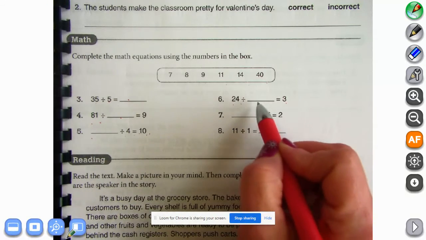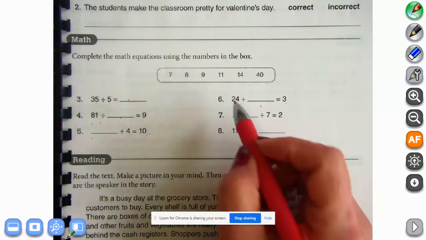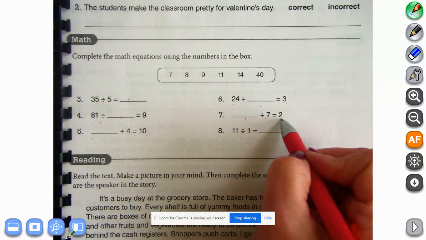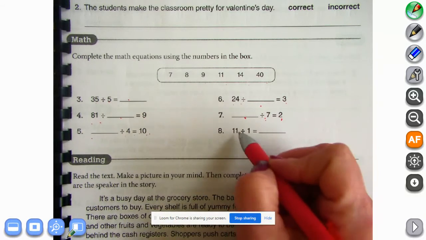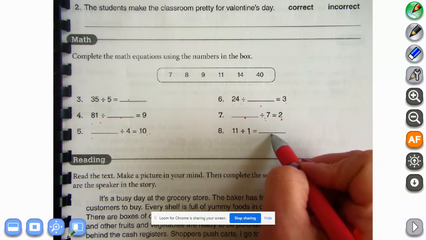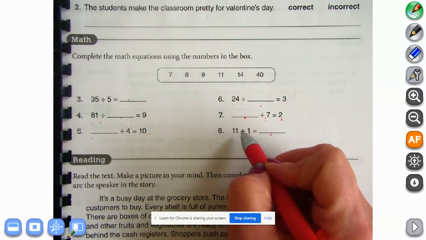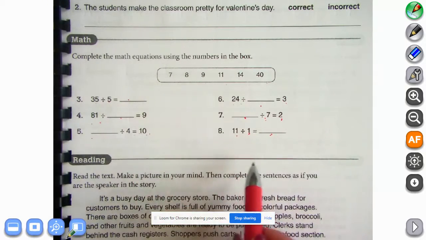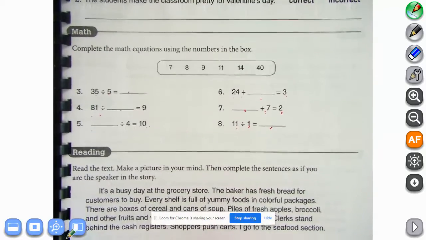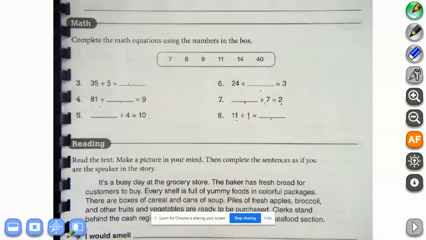Or 3 times what is 24? What divided by 7 is 2, or 2 times 7 is what? 11 divided by 1 is what? Or this answer times 1 would be this. Okay? There's only one answer for each one, so you should be using those up there once for each one.